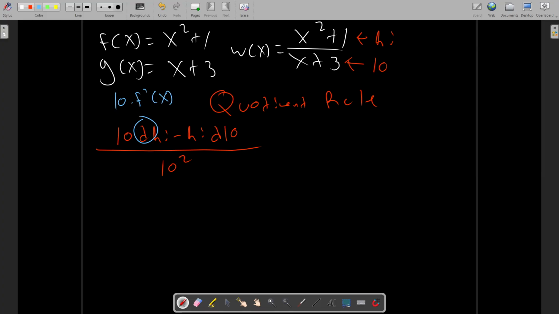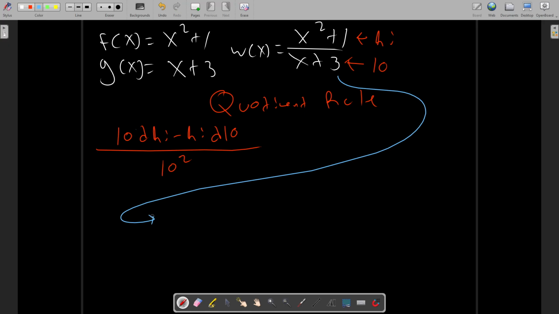And then for the other one, it would be high, which is f of x, times the derivative of low, which would be the derivative of g of x.